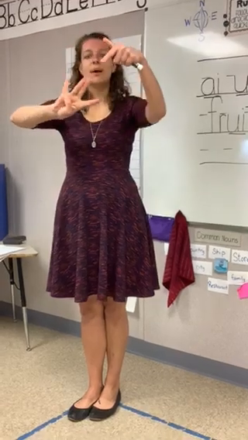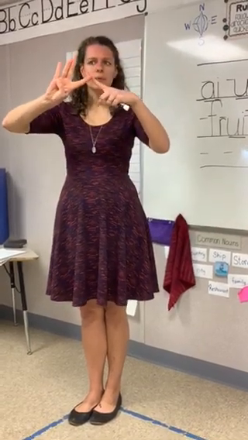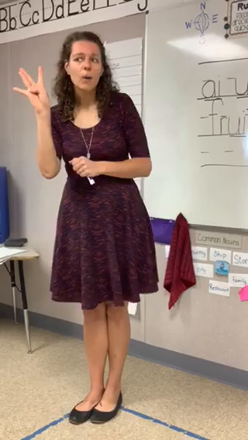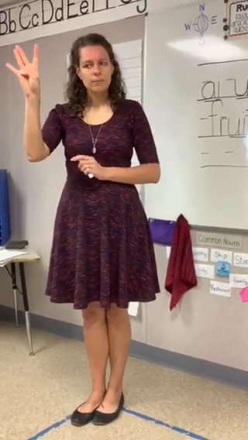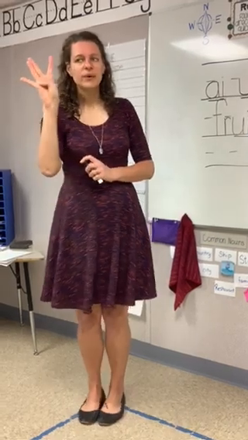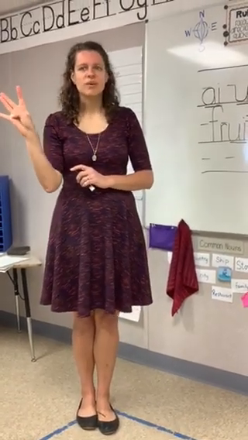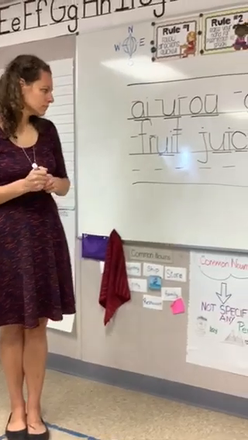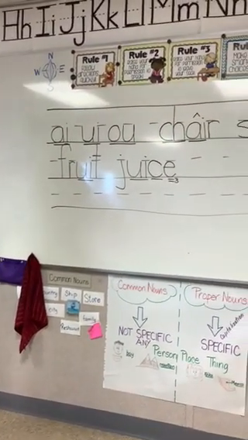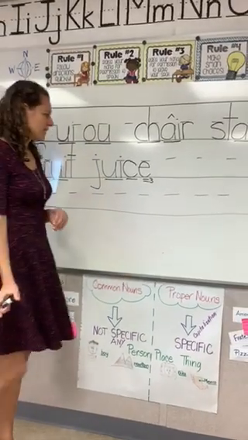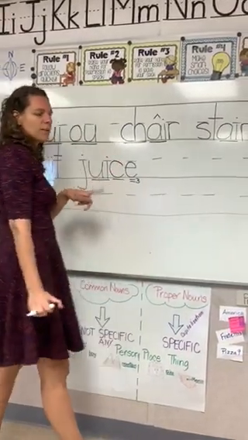Good. P, O, R. Now our O is ow, O, oo. Which O do we use in power? Good. Ow, O, oo. Write those sounds and say them while you write them. Right. Put your finger under the first phonogram in power.